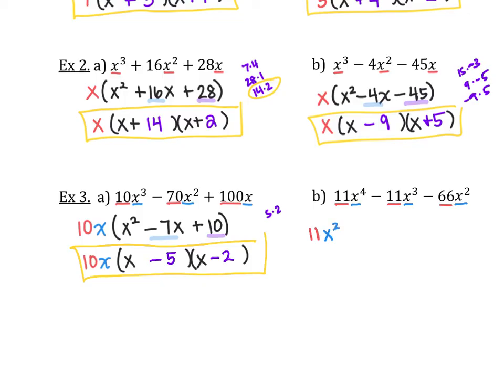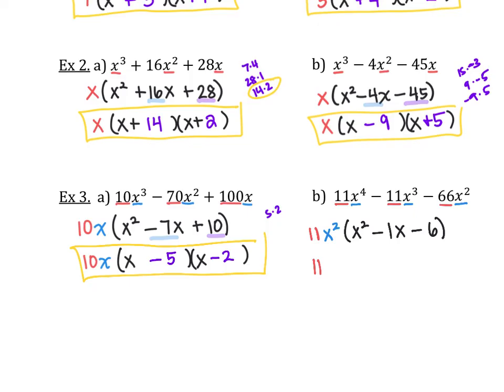I want to take out as many as possible without going over. If I don't take out as much as possible, especially with the x's, I won't be able to factor it. Okay, so if I take out 11x to the second, this must be x to the second. 11 times 1 is 11, x squared times x is x to the third. 11 times 6 is 66, and the x squareds match.